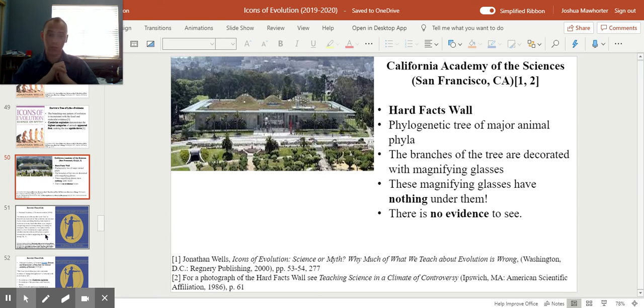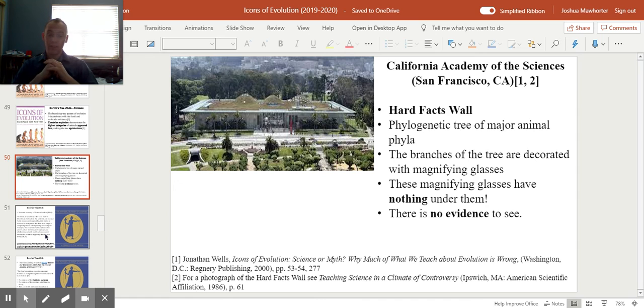So this hard facts wall at the California Academy of Sciences in San Francisco, California, at least when this book was written, presents this. It's the tree of life Darwin wrote, or based off of that same type of thinking. It says the branches of the tree are decorated with magnifying glasses, and you're supposed to be able to look under the magnifying glass and see it.